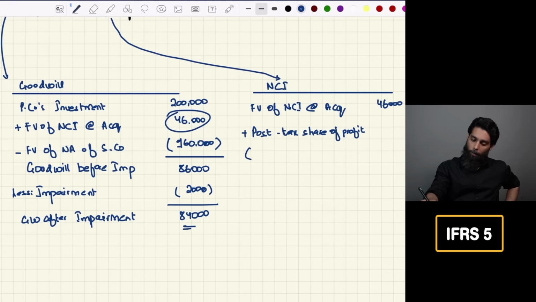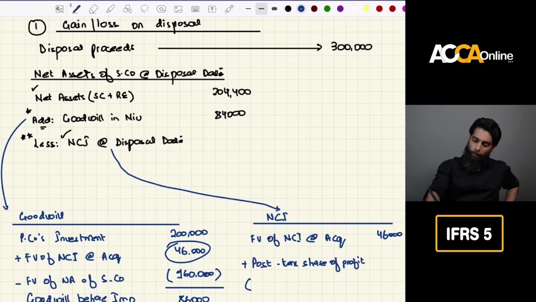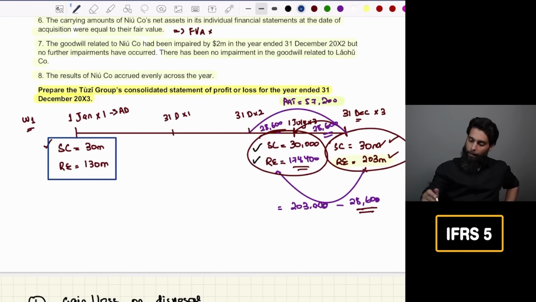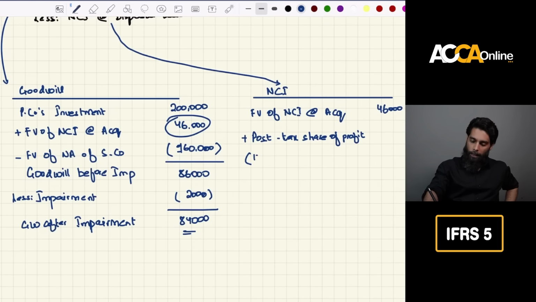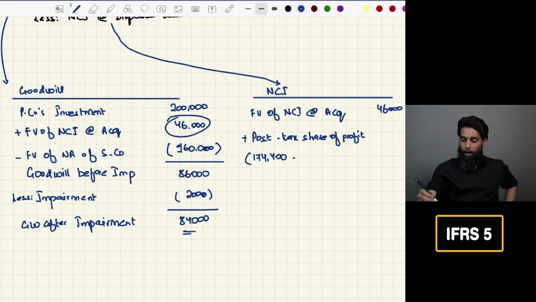The share of profit would be, you see, at the disposal date, our retained earning was worth 174,400. And at the date of acquisition, our retained earning was worth 130,000. So if we take the difference of these two, this will be the post retained earning. When we acquired S company, it had a retained earning of 130,000.